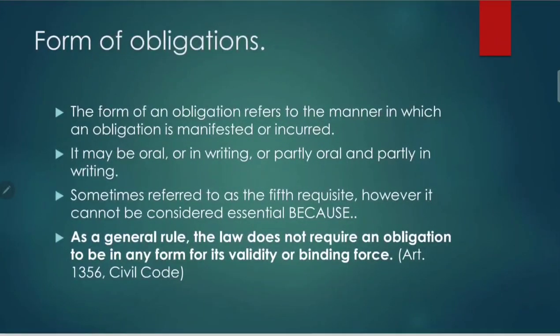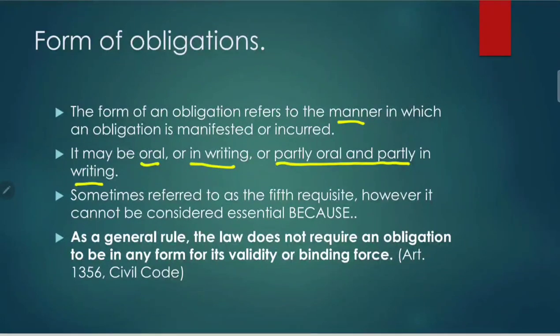So, we will now go to form of obligations. The form of an obligation refers to the manner in which an obligation is manifested or incurred. It may be oral, in writing, or partly oral and partly in writing.